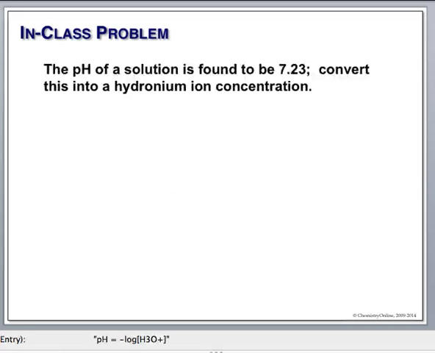Let's look at this one. I tell you that I have a solution and its pH is 7.23. What is my hydronium ion concentration?